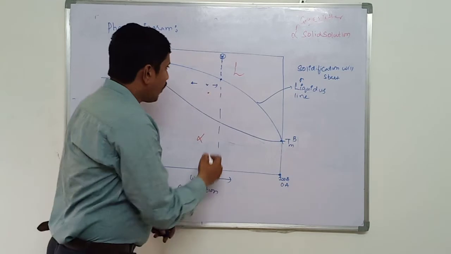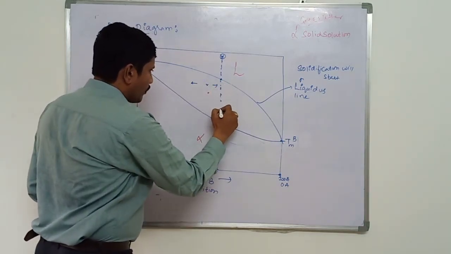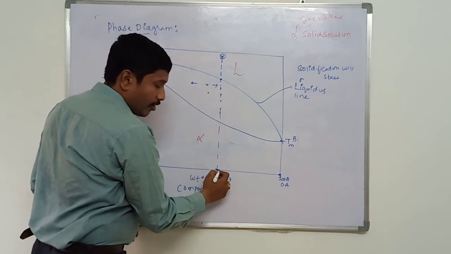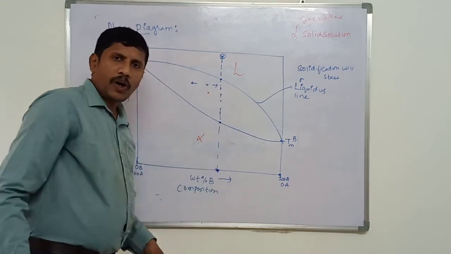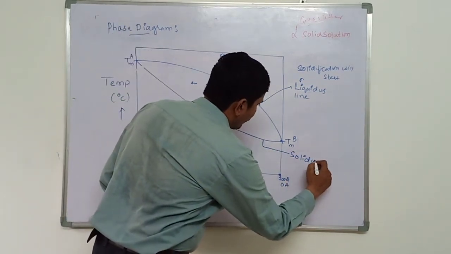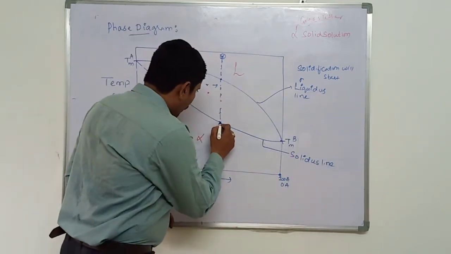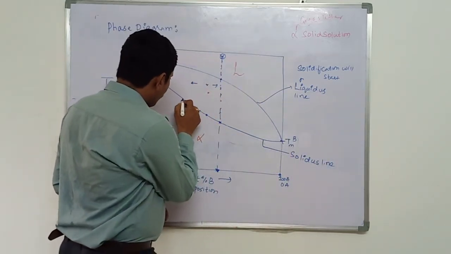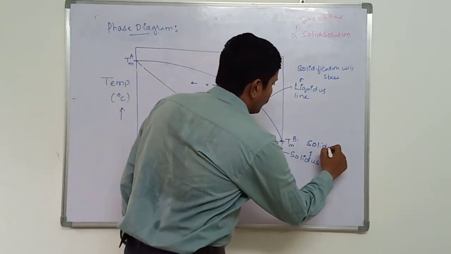Okay. Now once after reaching this line, you are doing equilibrium cooling or slow cooling for this composition of the alloy. When you reach this point, this line is called the solidus line. The points on the solidus line indicate that solidification has completed.